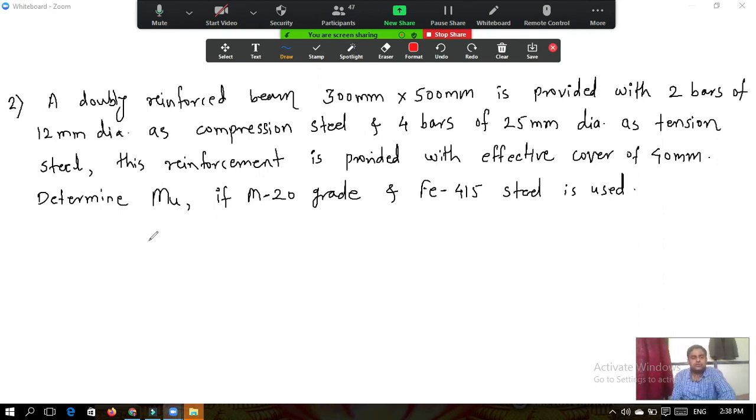So first of all we need to calculate the area of compression reinforcement, ASC. 2 bars are provided of 12 mm diameter. So 2 into pi by 4 into 12 square.